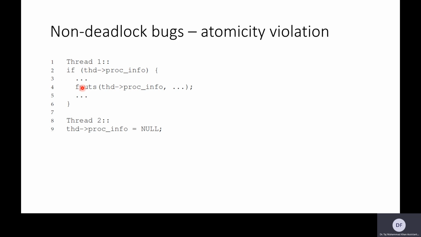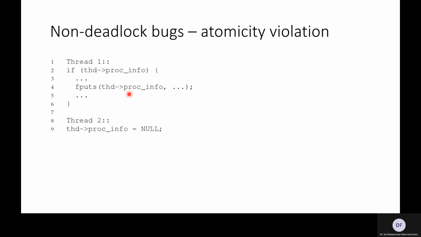So when we are inside this if, we are sure that the thread proc info pointer is not null, because the condition is true only if this pointer is not null. If the pointer is null, the condition evaluates to false and we skip the if body. Now this assumption, that if we are inside the if body then thread proc info must be not null, is clear from looking at this code.